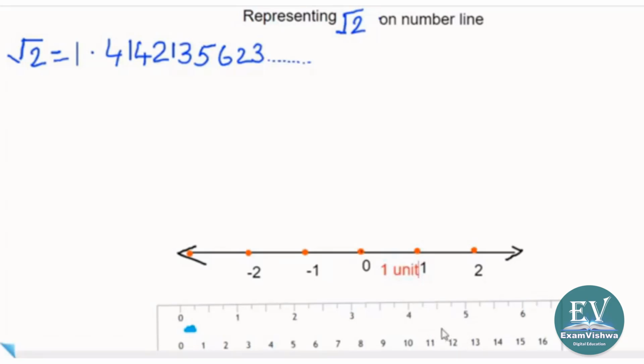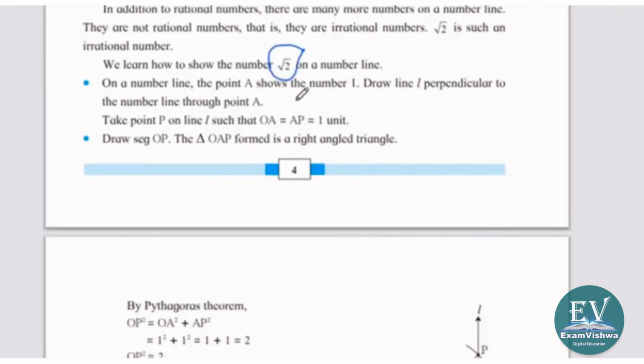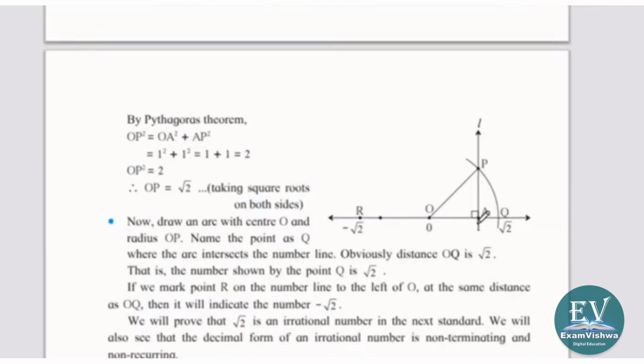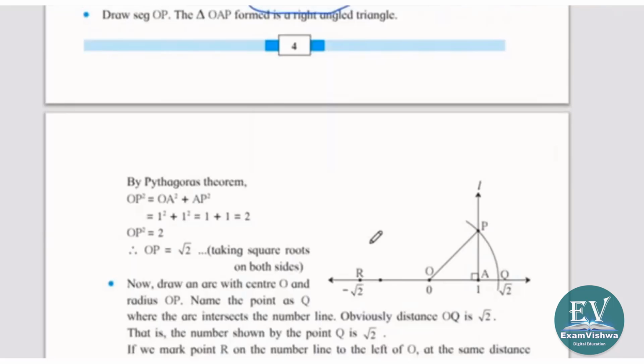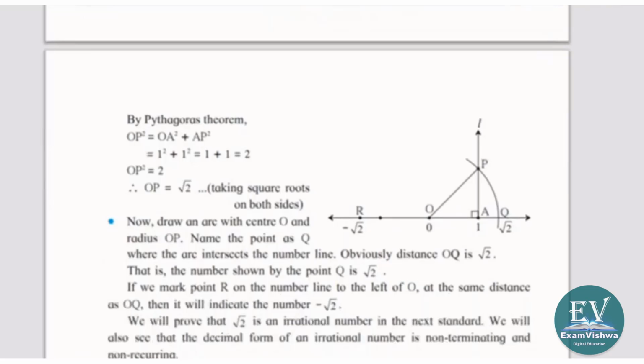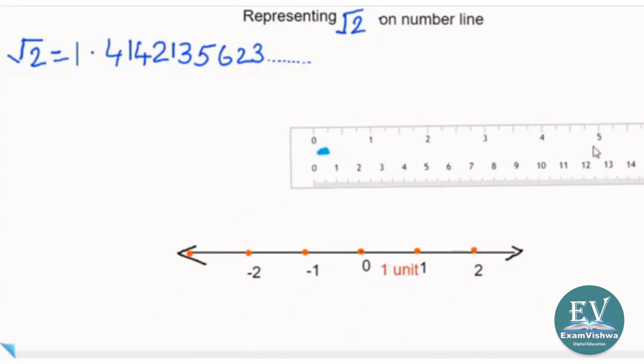Now what I have to do is look at your textbook. Please take on 1 unit. Now the same way I have to, steps are there to do 1 unit. Look at here. I have to take 1 unit. For that I should draw a perpendicular at A. What is A here? A unit over here. So let me do that. I'm going to take this ruler and draw a perpendicular here.